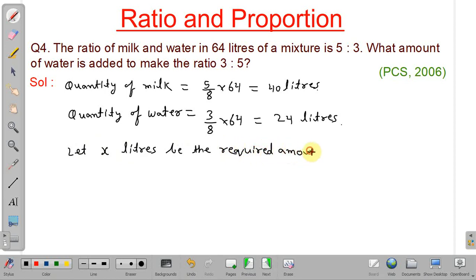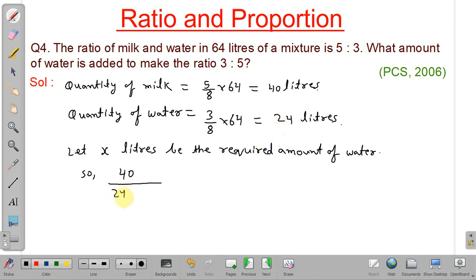So see, in the new mixture, the amount of milk will be the same, so it will be 40 liters only, and the amount of water will be initial water plus the water that is added.